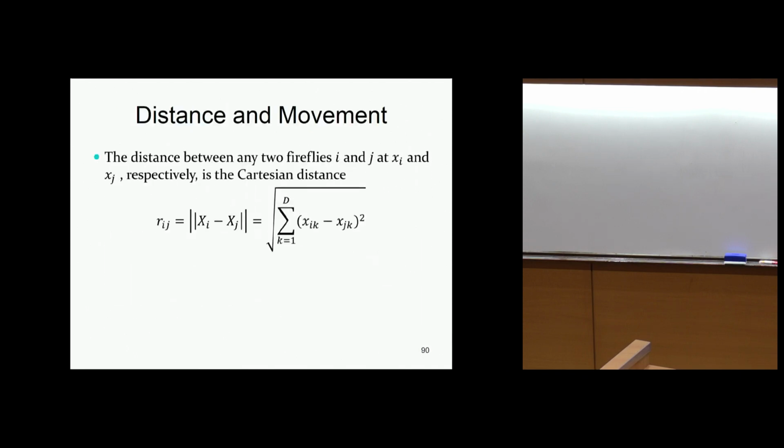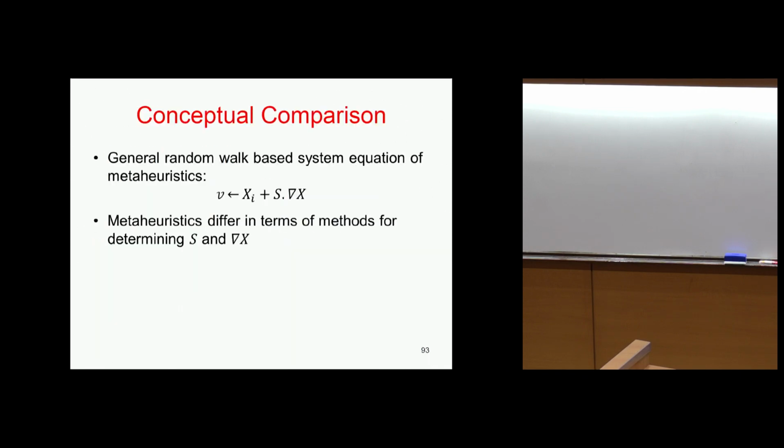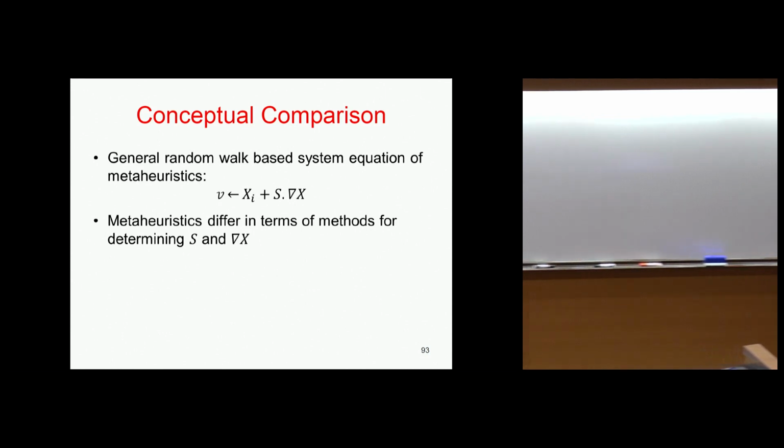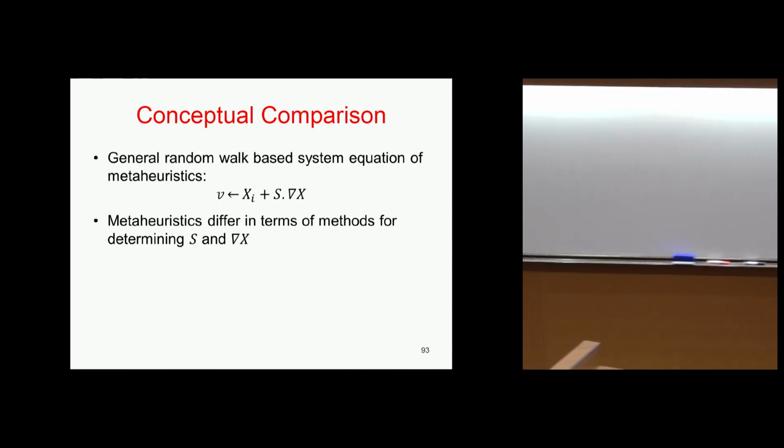A couple of slides I have on similarities and differences. Most of the swarm algorithms are like this. These are more like dynamic types of equations where you don't have crossover as well. If you look at the basic equations of many methods, most of them are like this.